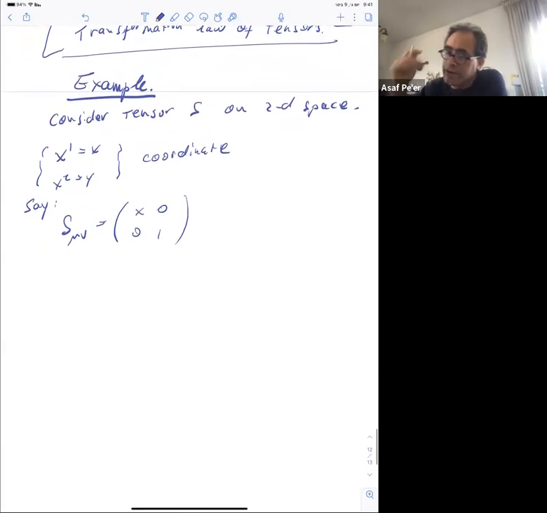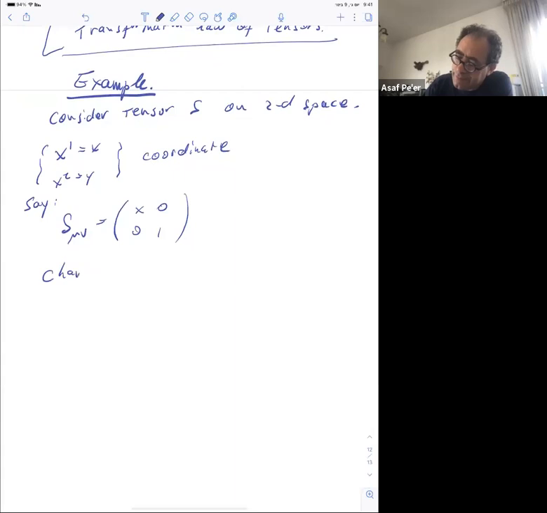Now let's change the coordinates. x prime is x to the power 1/3, y prime is e to the power x plus y.